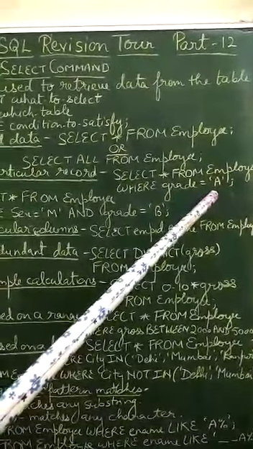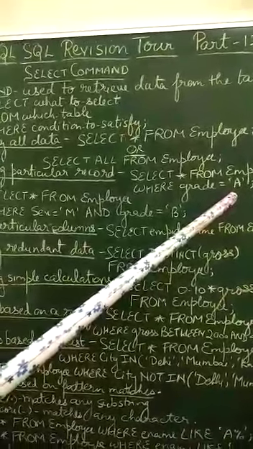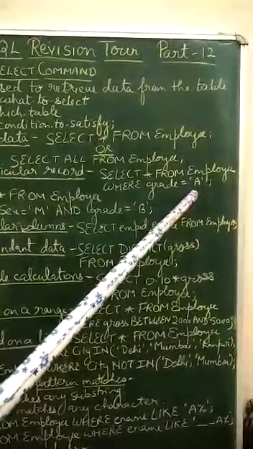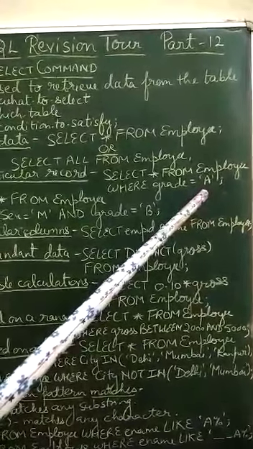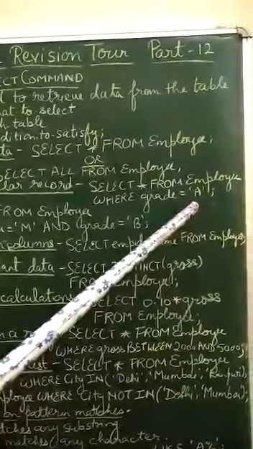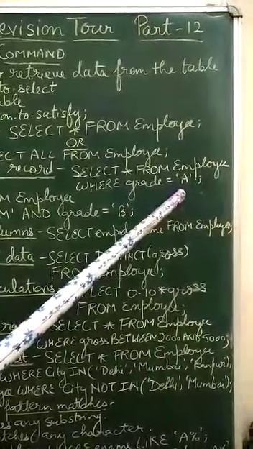A is enclosed in single quotes because grade is a character data type. Always remember children, character or varchar data types are always enclosed in single quotes.